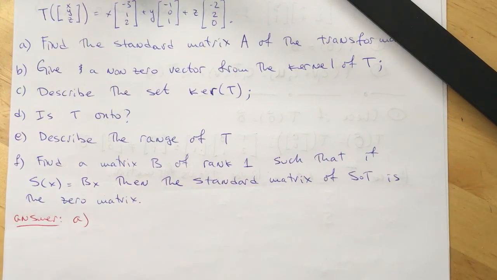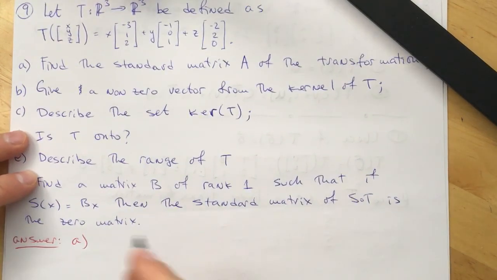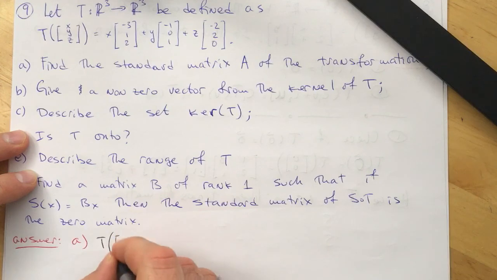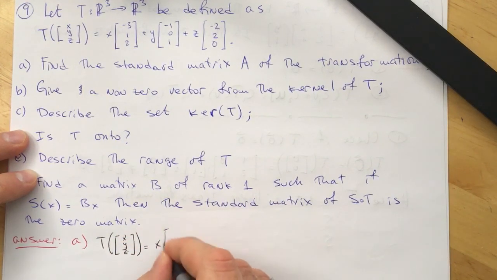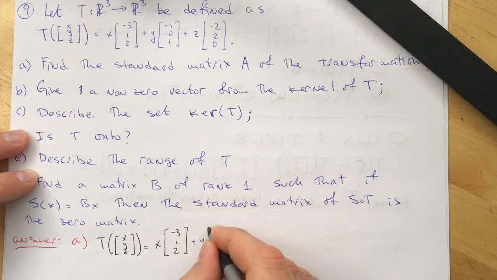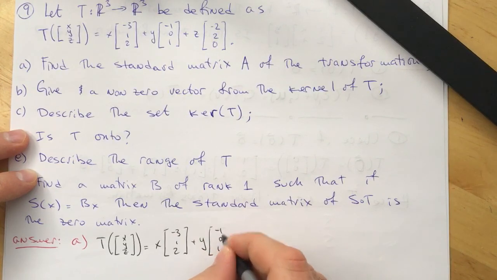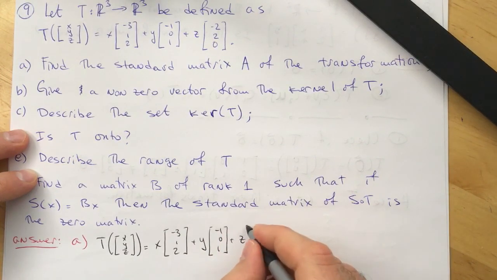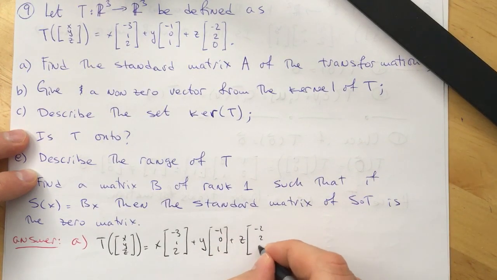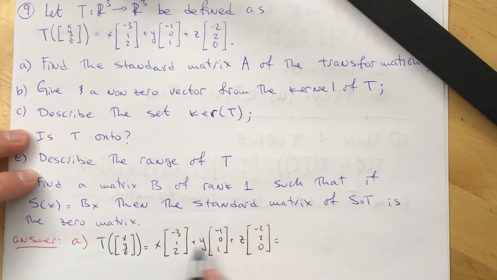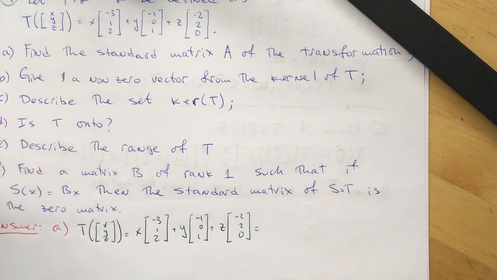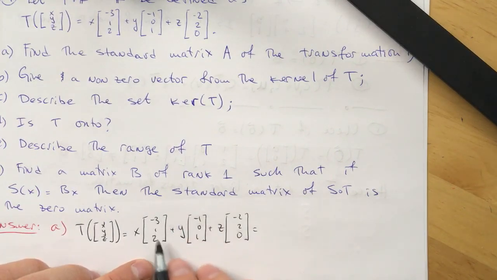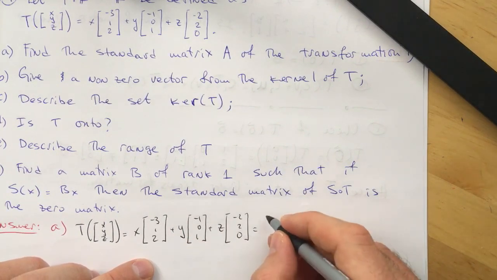Okay. So how it is defined, T of x, y, z is equal to x(-3, 1, 2) plus y(-1, 0, 1) plus z(-2, 2, 0). And then from this, let's call it a vector equation, we go into the matrix equation, right?